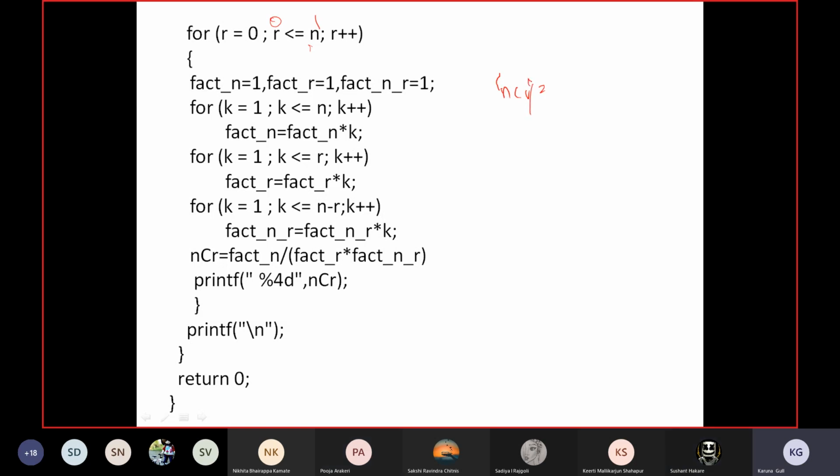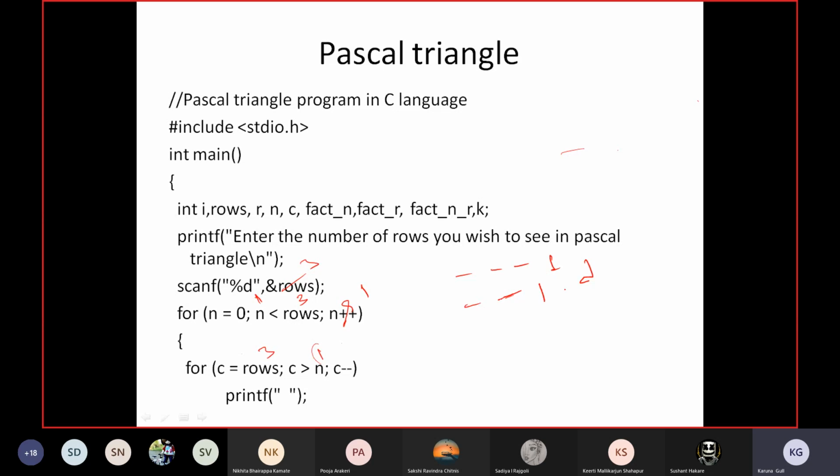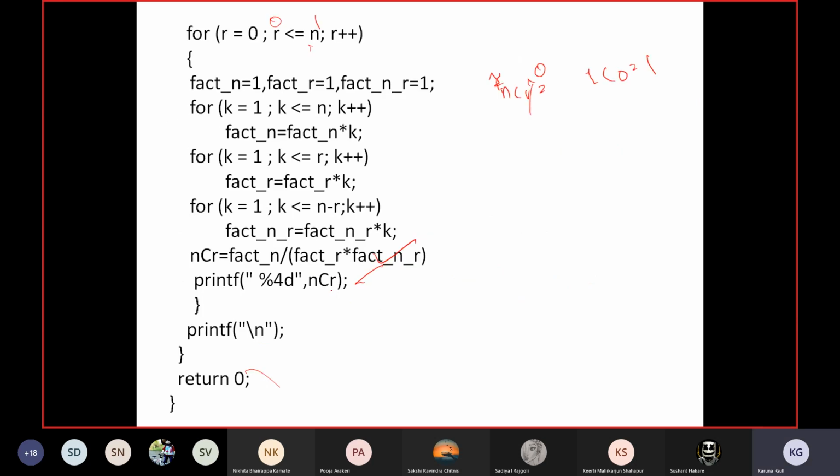C, r is 0. 1C0. What is this value? 1, ma'am. Right? So it's going to print that value. Is it okay? So is it okay to everybody? So it is going to print that value.